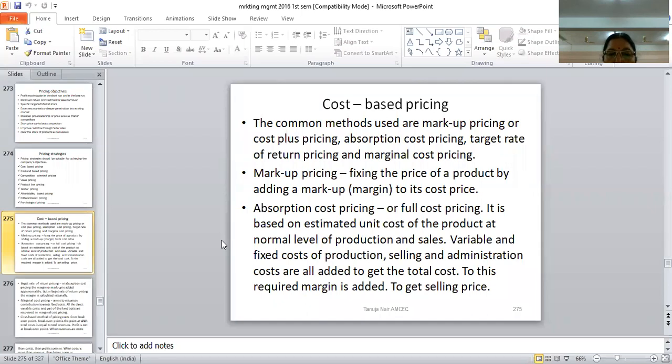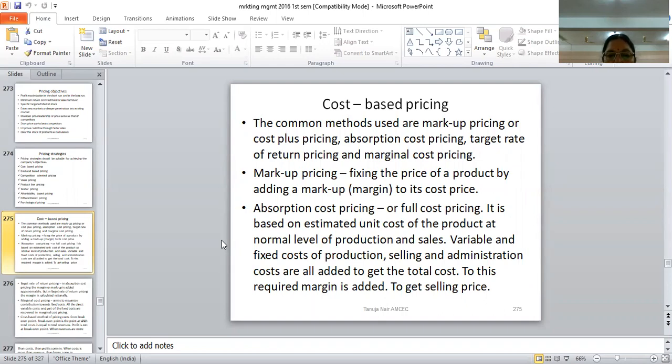In markup pricing, they will take the cost of producing the product plus they will add a margin or a markup, which will be the profit, how much profit or how much margin they want from the sale of each product. So like that they will fix the price of the product. So that is markup pricing. Absorption cost pricing is the same way, but here they take into account all their costs.